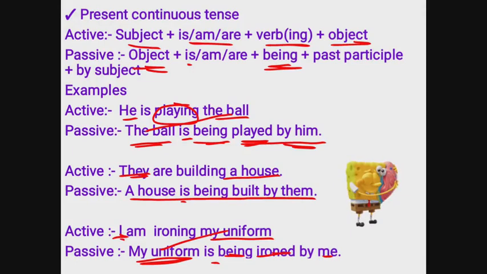Me. In our pronoun rule, I becomes what? Me. So we have by me. So we're going to have this as: my uniform is ironed by me. Very easy. Just follow the rules and you get your answer straight.